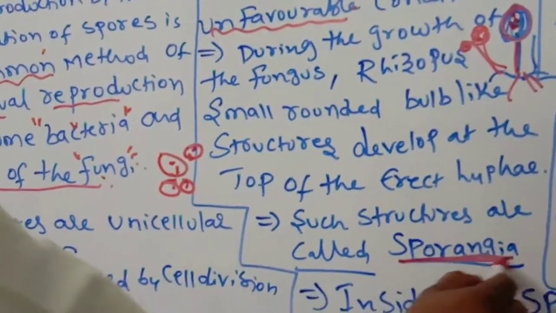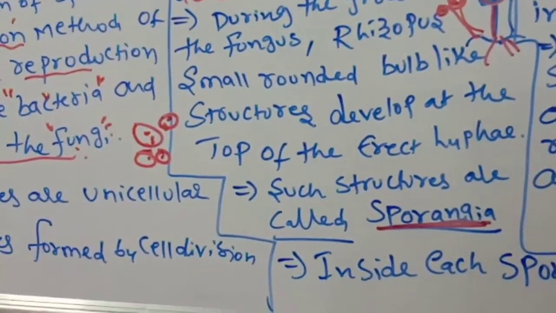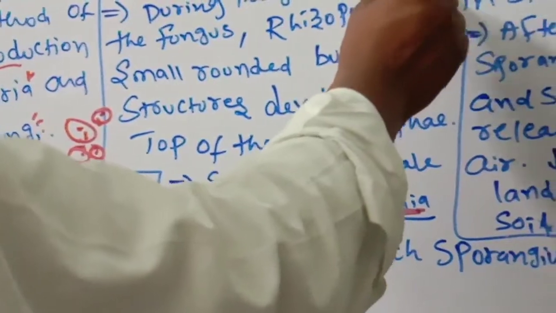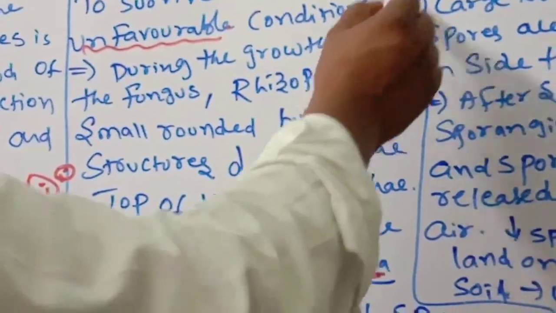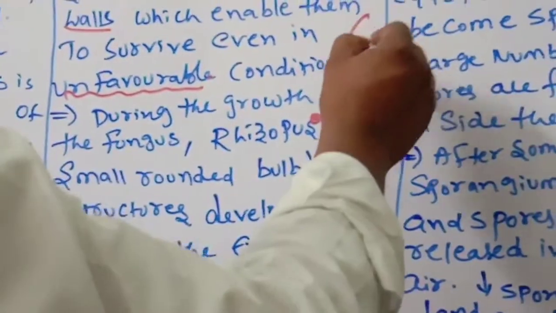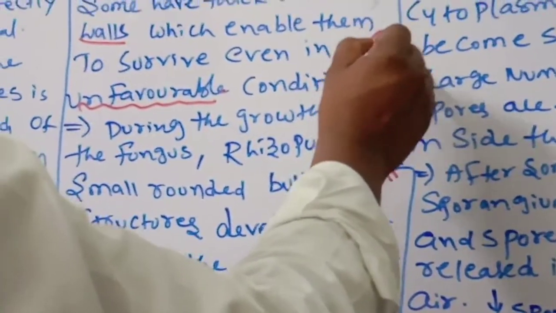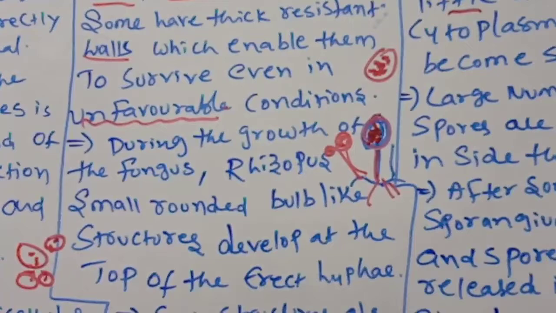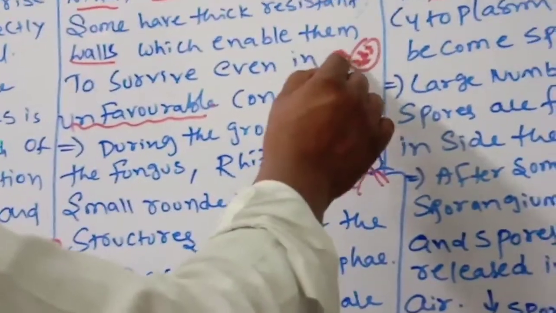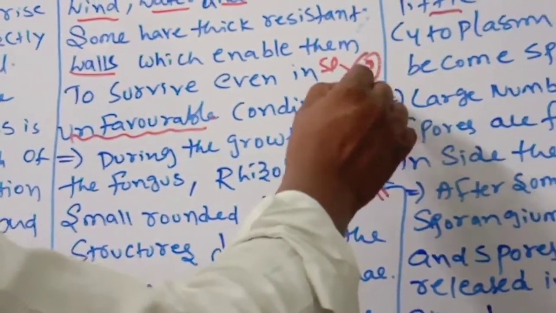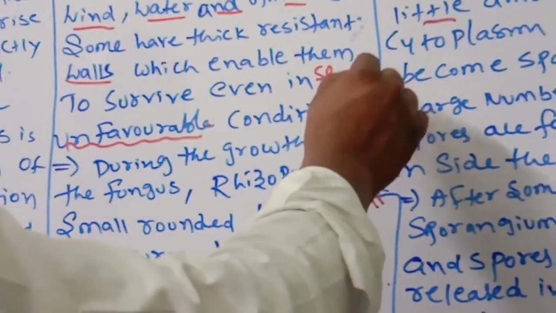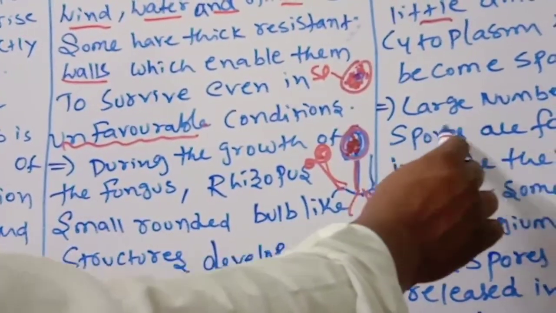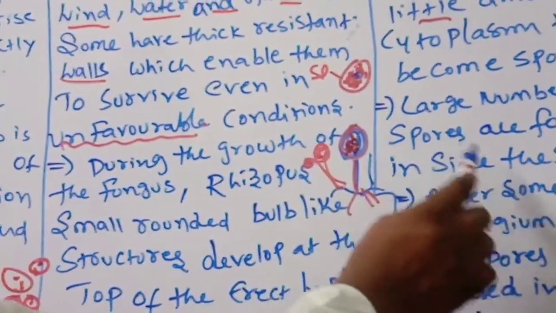That is called the sporangium. Inside each sporangium, the nucleus divides several times and each nucleus gets surrounded by a little amount of cytoplasm and becomes a spore. Nucleus is there, cytoplasm is there, that is called the spore. A large number of spores are formed inside the sporangium.